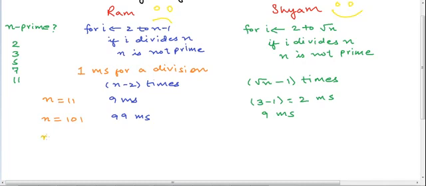Let's pick up a slightly higher number this time, and we'll pick up a 7-digit prime number this time. This is equal to 10 to the power 6 plus 3.